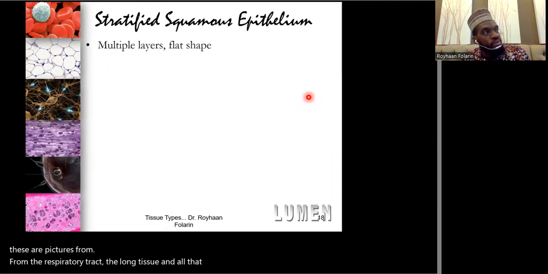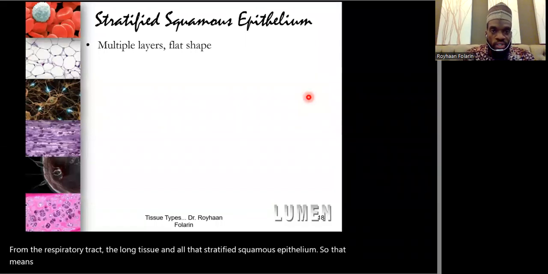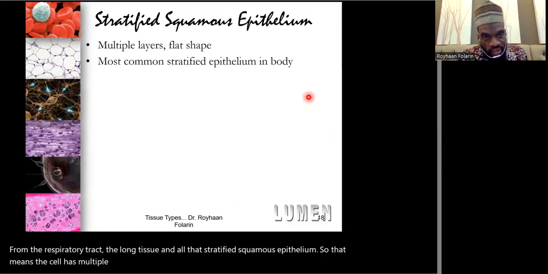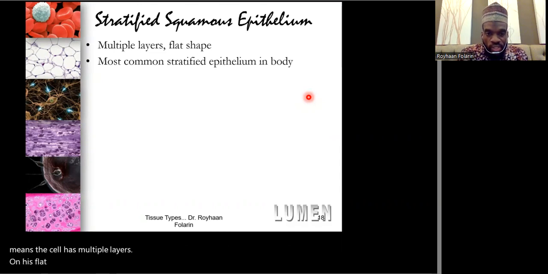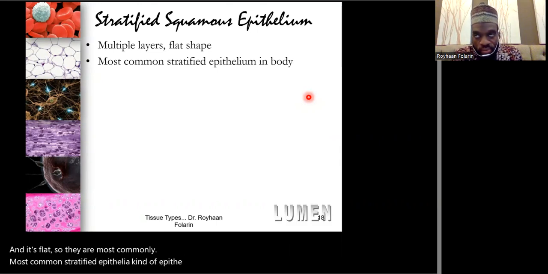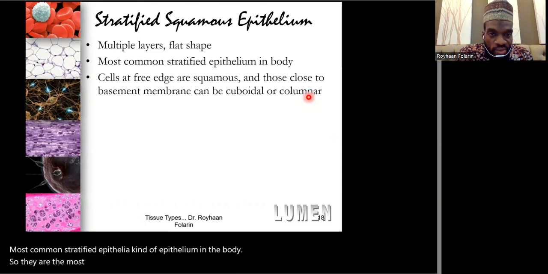Stratified squamous epithelium. That means the cells have multiple layers and are flat. They are the most common stratified epithelium in the body.